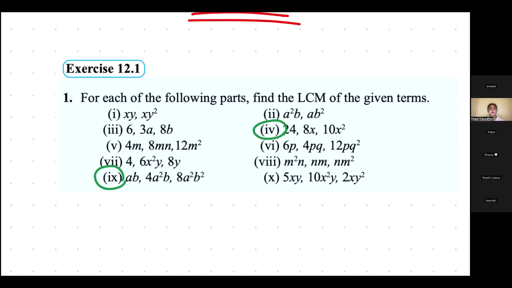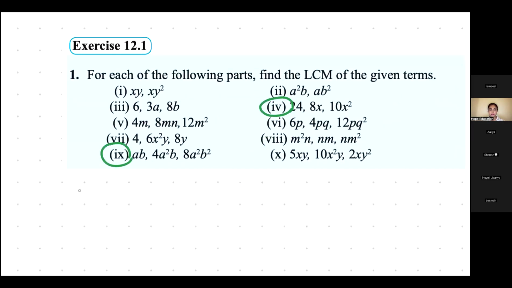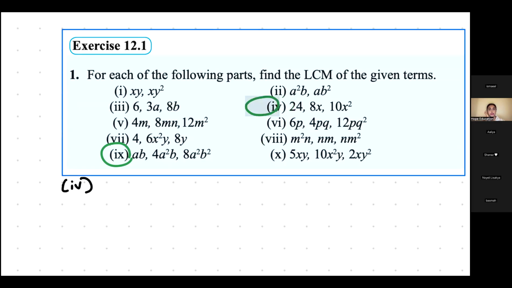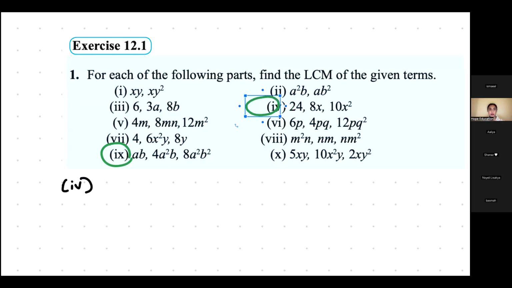So, the fourth one. 24, right? 24, 8x, 10x squared. 24 is 2 times 2 is 4, 4 times 2 is 8, 8 times 3. So 2 times 2 times 2 times 3, straight away 2 to the power 3 multiplied by 3.